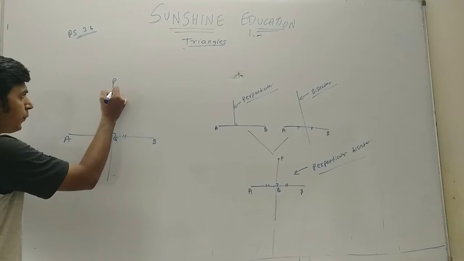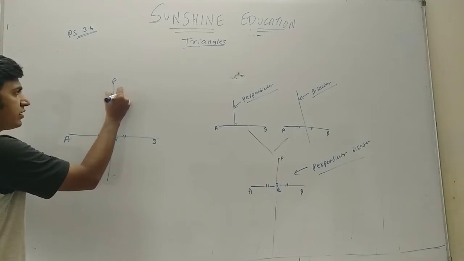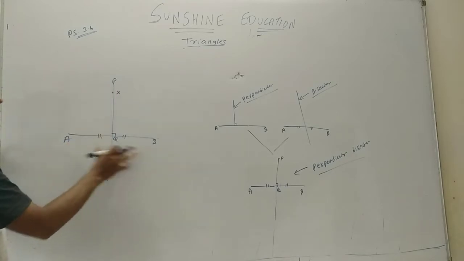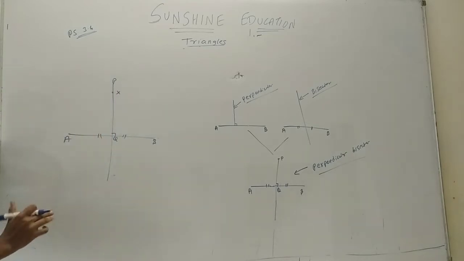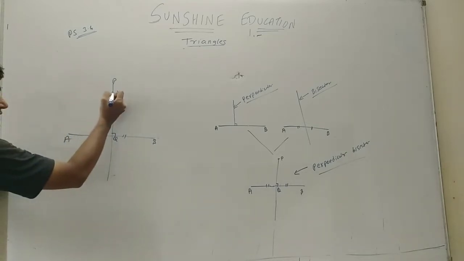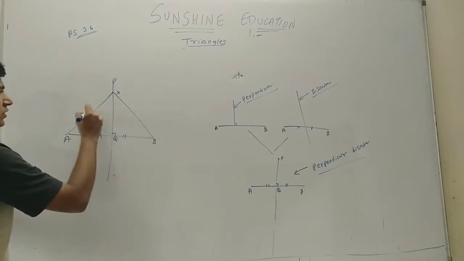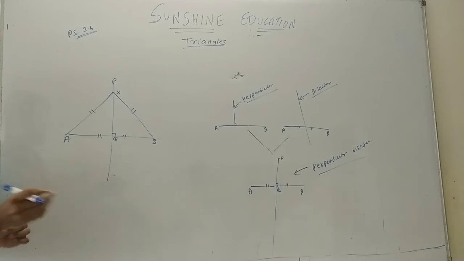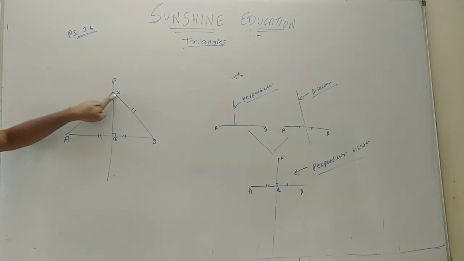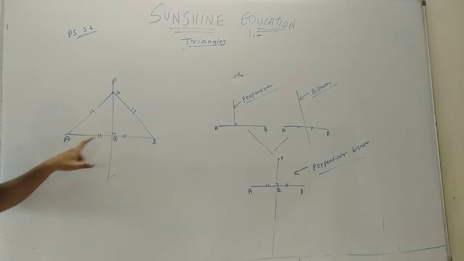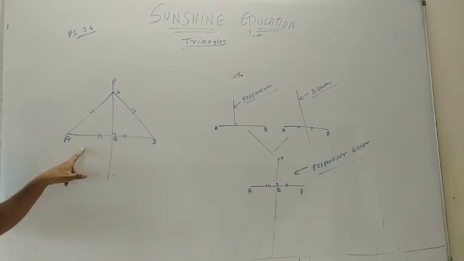Now any point lying on this perpendicular bisector, suppose take this as X. X lies on the perpendicular bisector of AB. So when I measure the distance of X from A and X from B, this will be equal. The property is: any point lying on the perpendicular bisector is equidistant from the two points of the line segment.